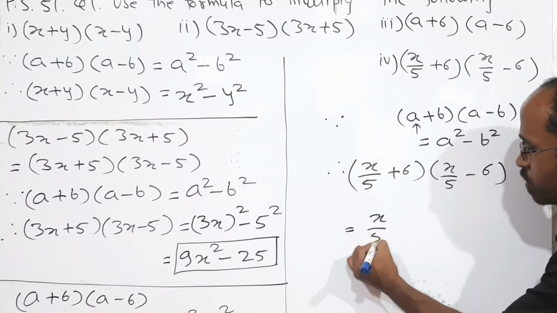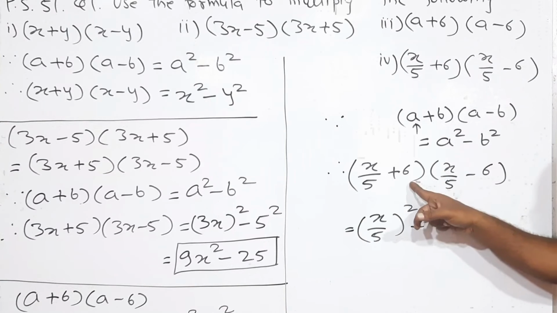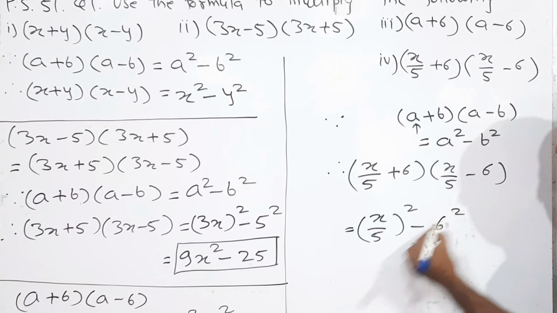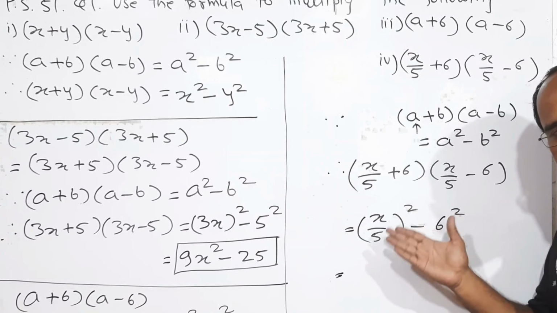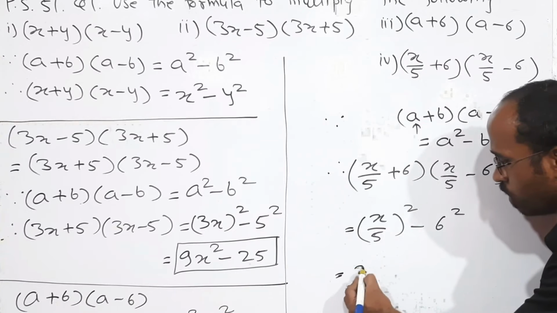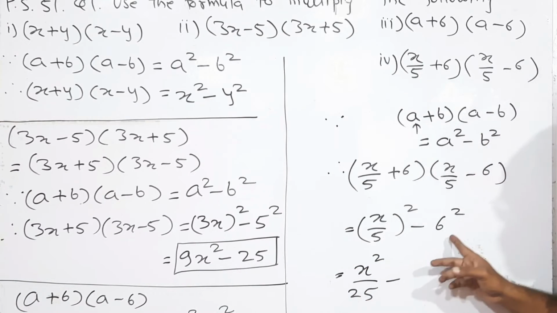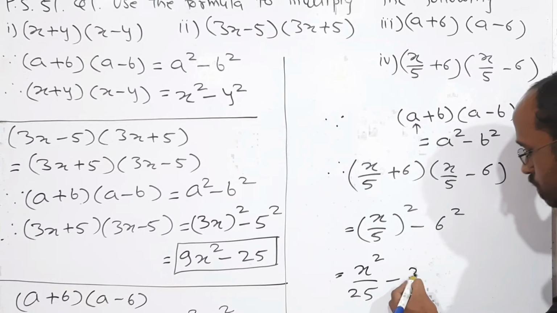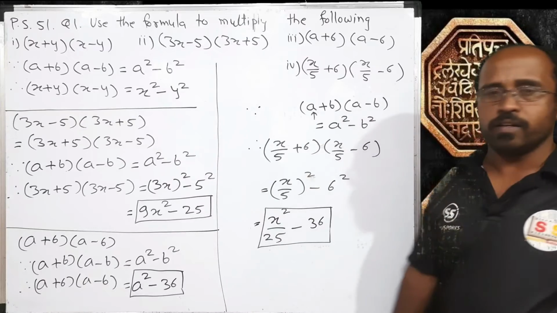So square of x upon 5 minus square of 6. Square of a fraction means square of numerator upon square of denominator. So that is equal to x square upon 25 minus square of 6 is 36. Done. Both of the terms are unlike. Hence this is our final answer.